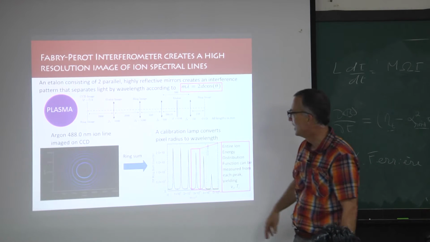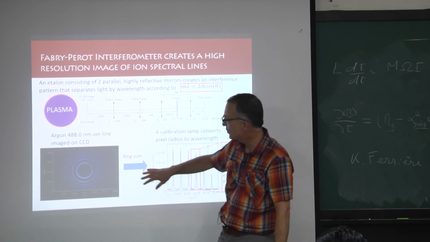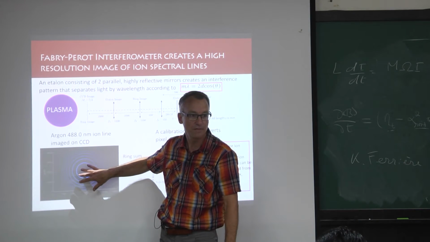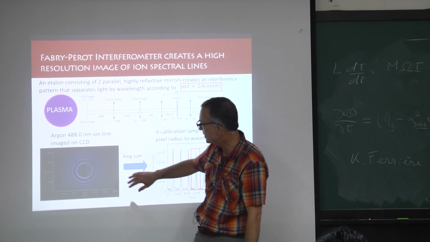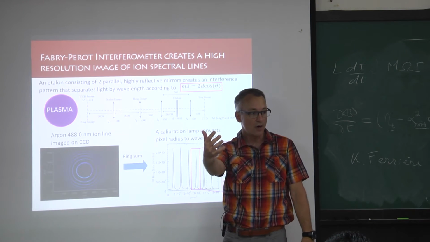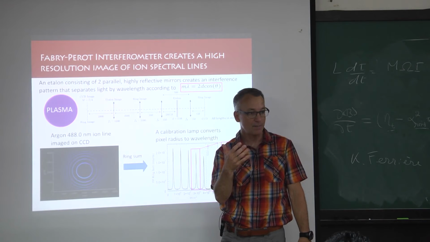Well, one way we can measure the ion temperature is by measuring the very high resolution Doppler shifted emission from the plasma. So this is the image of Fabry-Perot rings for line emission coming from the plasma.